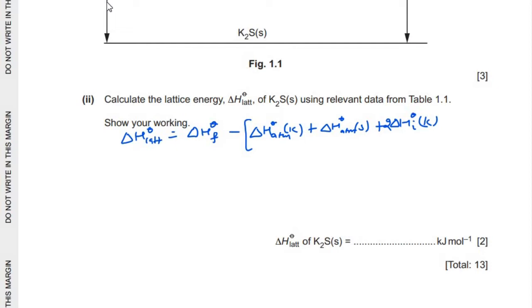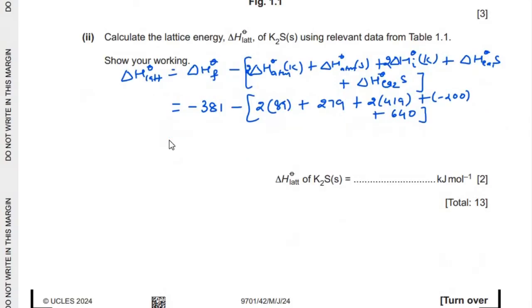So multiply by 2 plus the first electron affinity of sulfur plus the second electron affinity, that is EA2, this is EA1 of sulfur. So that is the whole cycle that has to be subtracted from the enthalpy change of formation. So now let's substitute all the values. Now you can see that I have substituted all the values, that is the enthalpy change of formation is minus 381, the atomization of potassium is 89, which I have multiplied by 2 because we have used 2 potassium atoms.